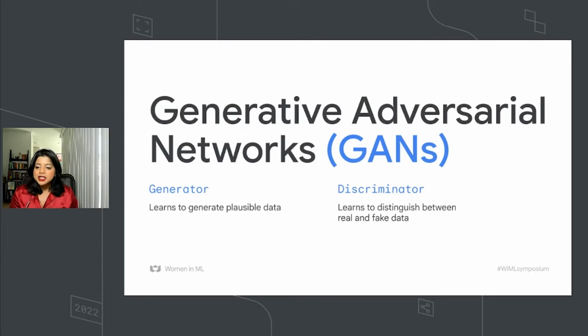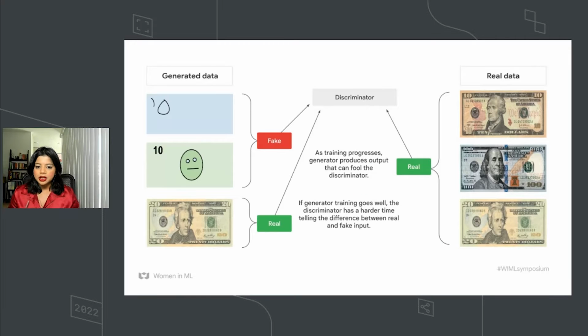So in the context of GANs, a generator will attempt to learn how to generate plausible data while a discriminator tries to distinguish between real and fake data. This figure can help illustrate this concept in more detail.